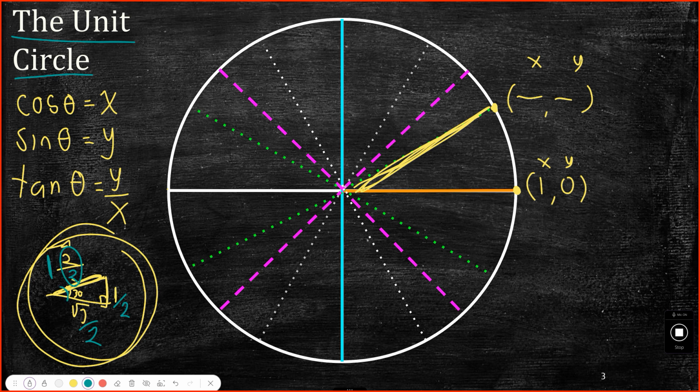So the sine of 30 is opposite over hypotenuse, which would be 1/2 divided by 1, which is 1/2. And the cosine would be adjacent over hypotenuse, which would be root 3 over 2 over 1, which is still root 3 over 2.